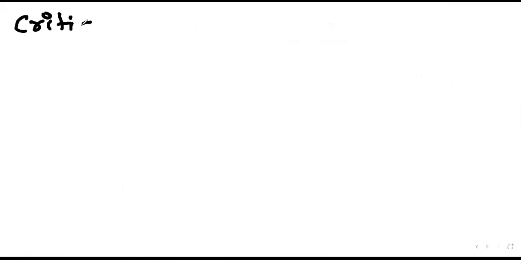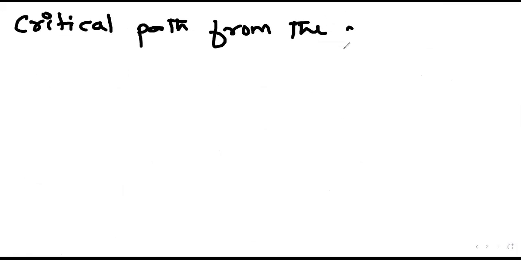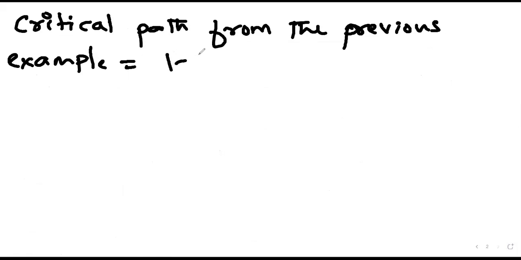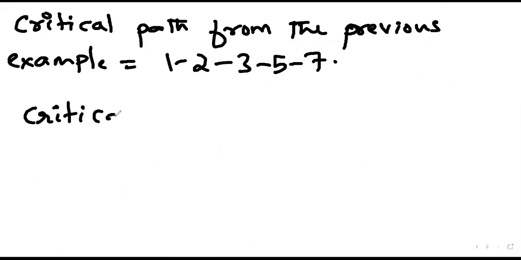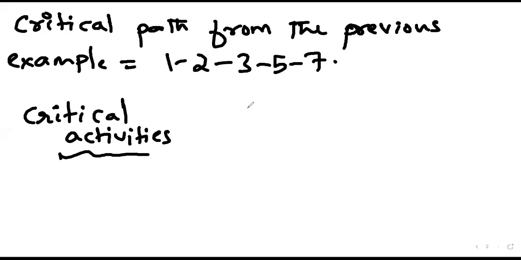Critical path from the previous example is 1-2. So what is the list of critical activities here?